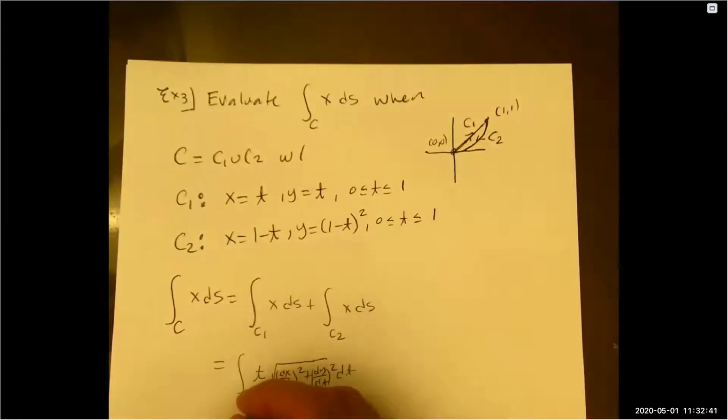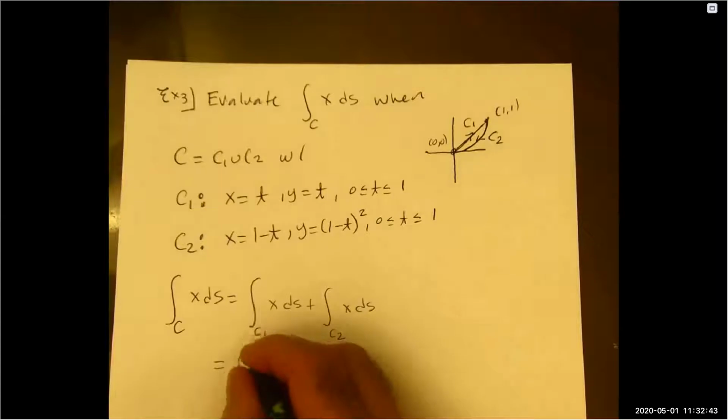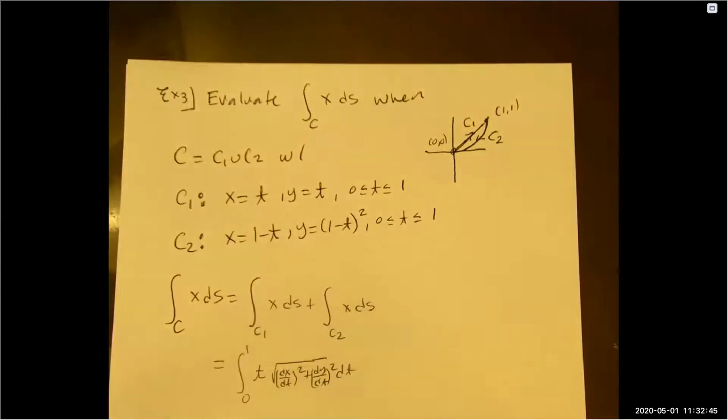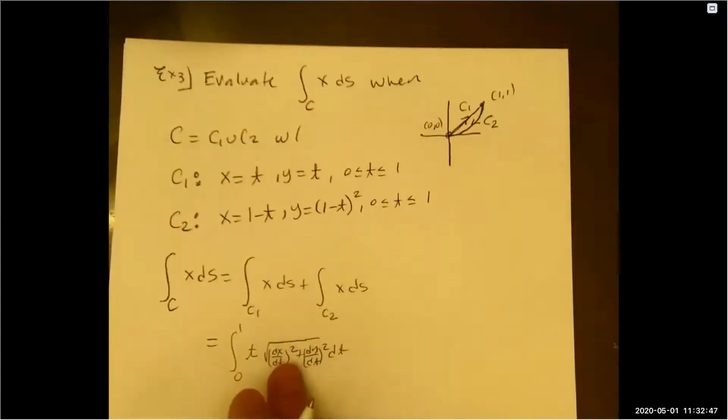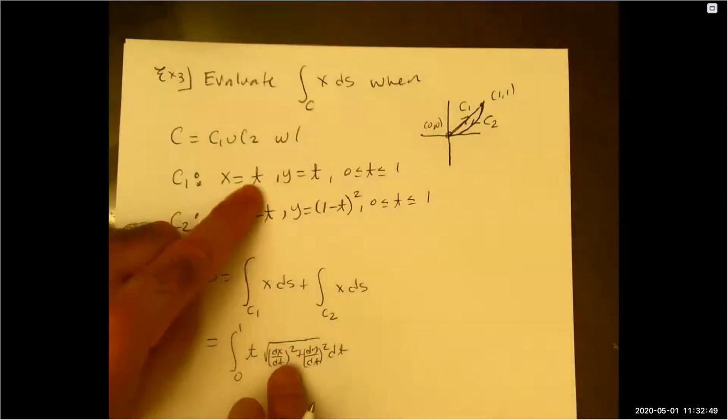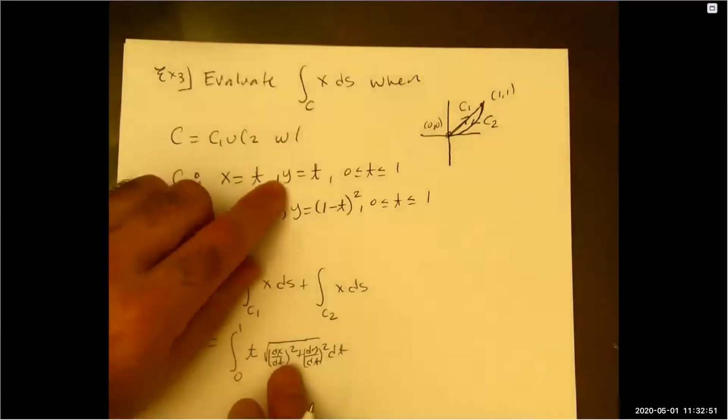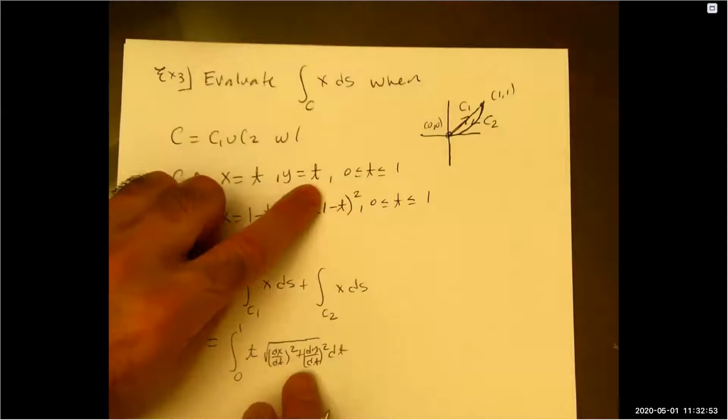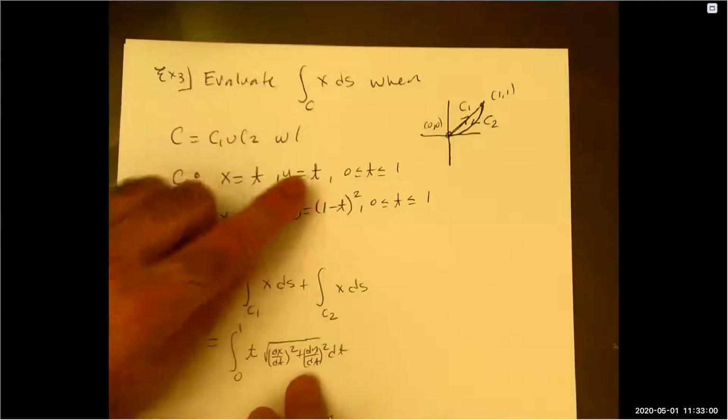And we're going from, in this case, 0 to 1. And so dx dt is 1, and dy dt is 1. So this is going to be the square root of 1 squared plus 1 squared, which is just root 2.